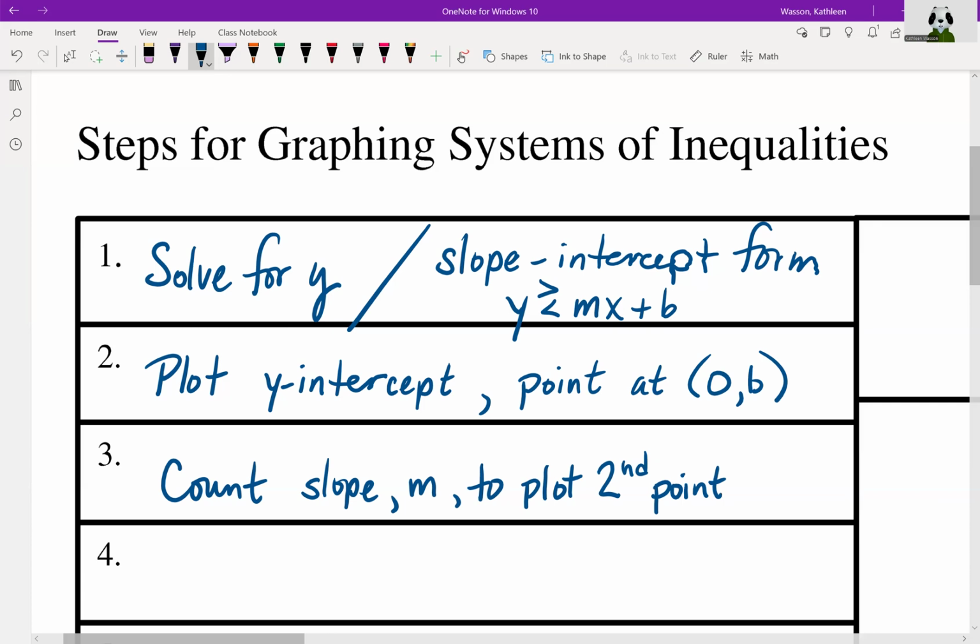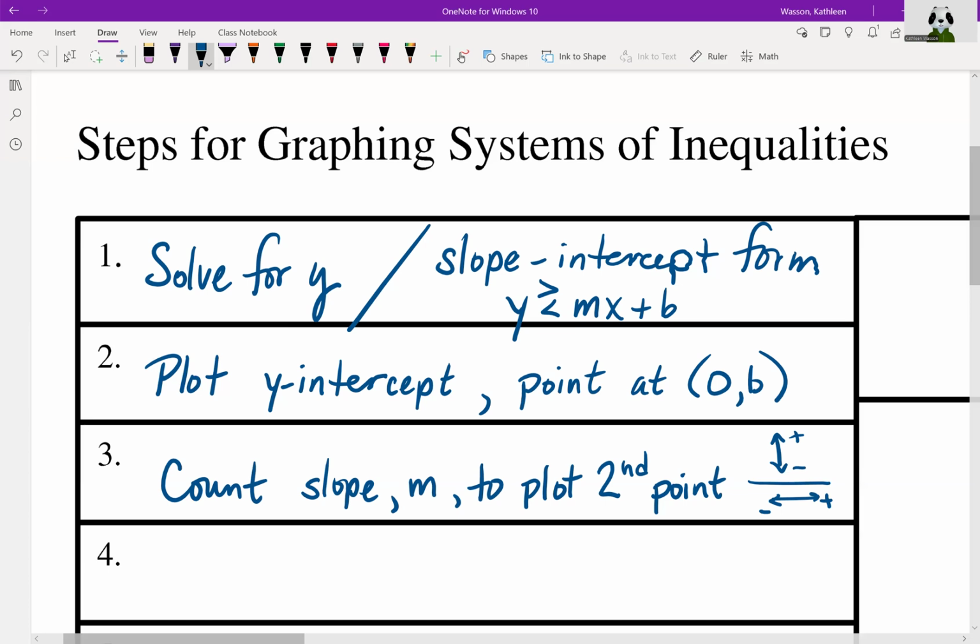So you'll generally have a fraction. If you have a whole number, you can write it over 1 so that it's a fraction. The top number will be boxes up, which is positive, or down, which is negative. The bottom number will be how many to count right, which is positive, or left, which is negative.